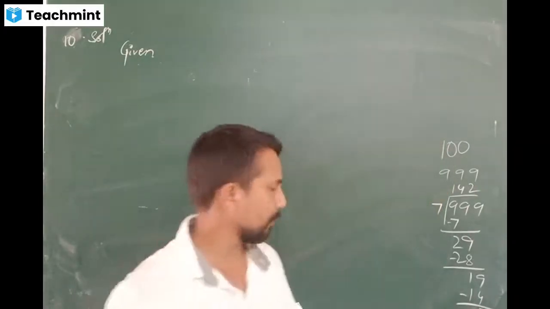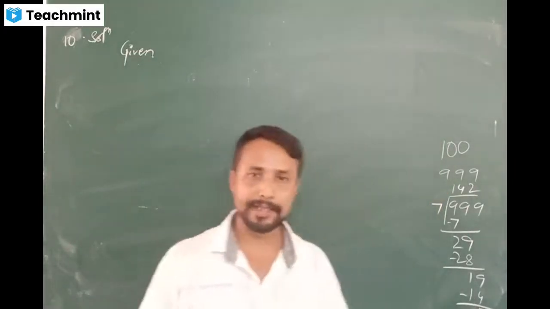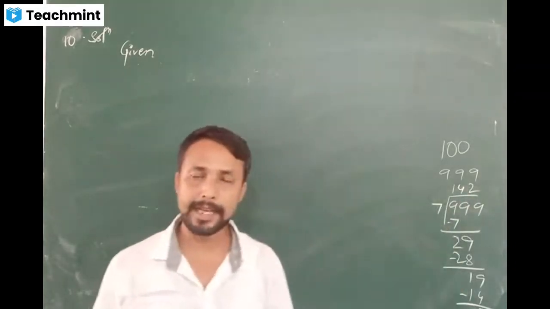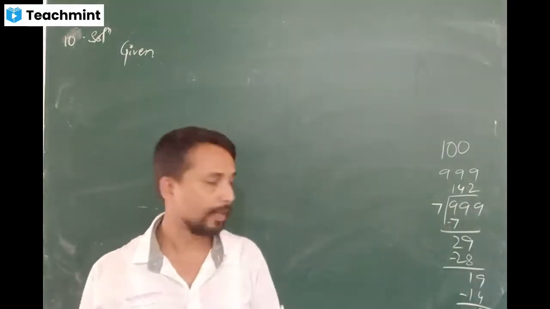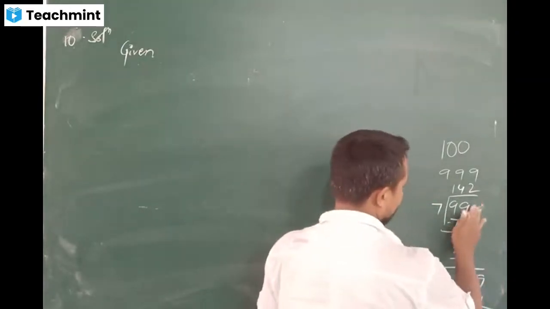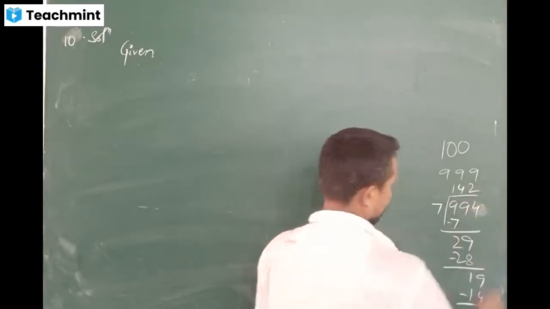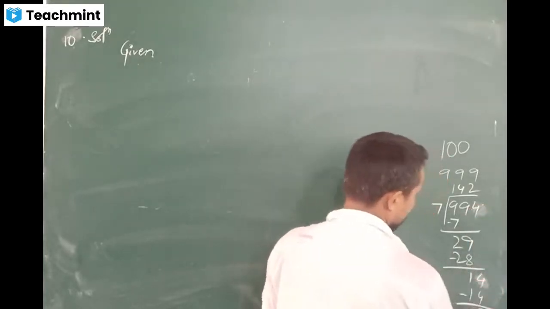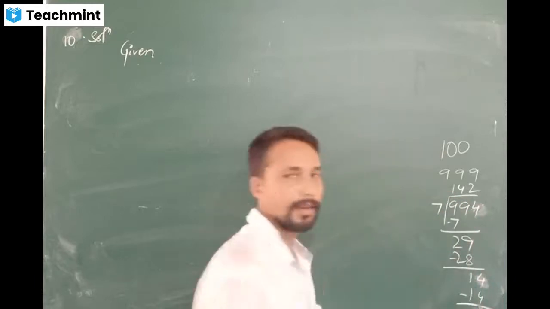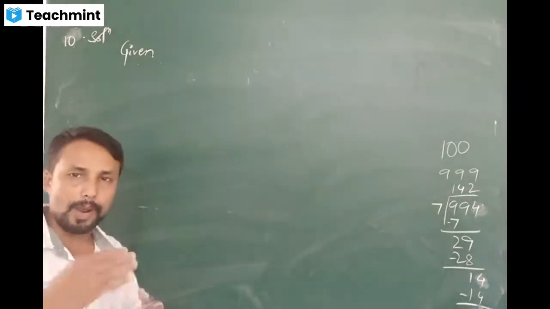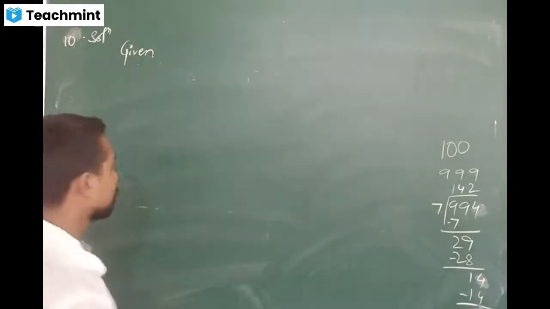If 5 were less than 999, then it would be divisible. So 999 minus 5 is 994, which is divisible by 7. Now we have the lowest and the highest.